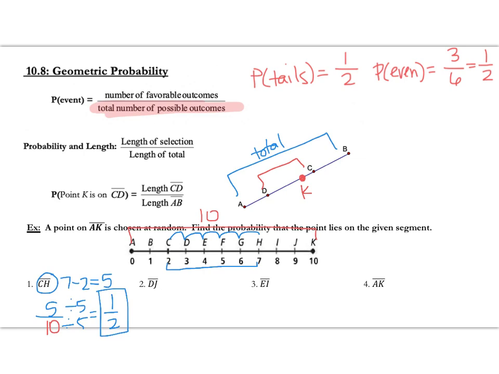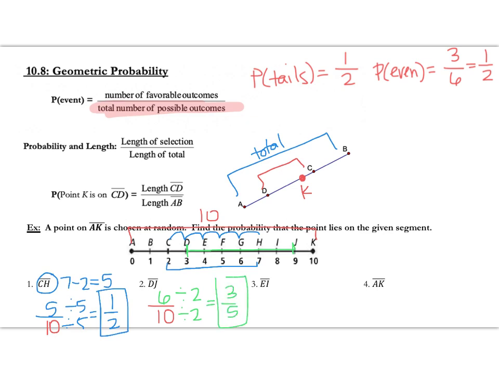Alright, then let's look at the next one, DJ. Again, I'm going from D out to J. You can either subtract those numbers or count how many hops that is, but that should be 6. Out of the bottom number is going to stay 10. And then we're going to divide those by 2 each, and we get 3/5 as our probability.